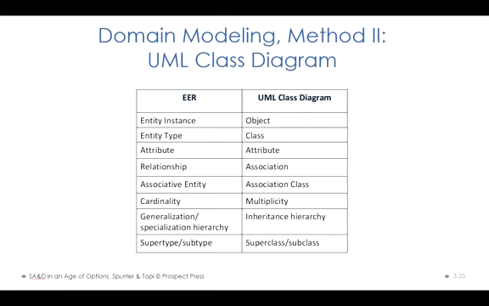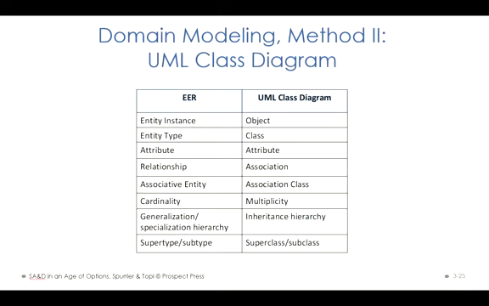So we have to switch gear to UML class diagram. That is the tool we are using in this class. So there's a mapping between the terminology used in ER diagram and the class diagram. This particular slide gives you the mapping in between. And there are a few important key points.